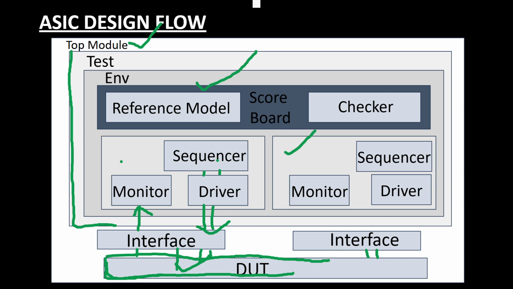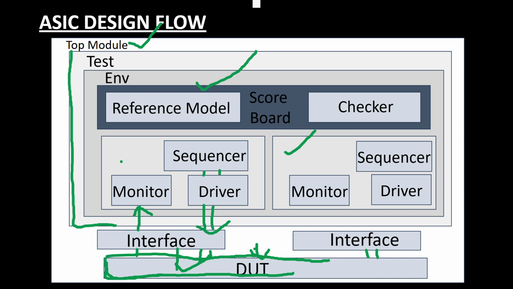The sequencer will generate some input test cases, those will be driven by the driver to the DUT, right? Then the DUT will give some output, which is the design output. Whereas in the reference model, the actual output of our design, which we have thought out in our mind, will be there.